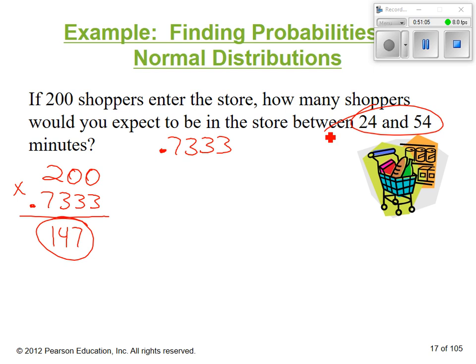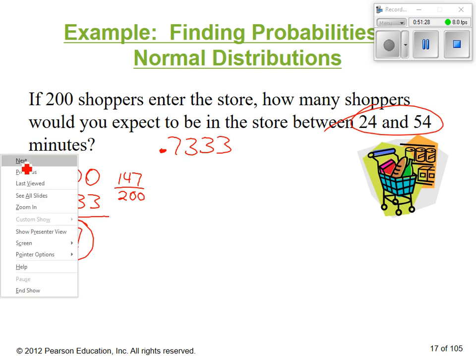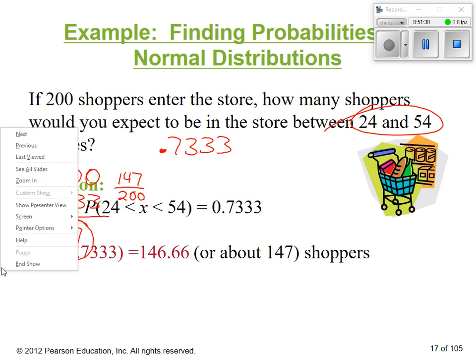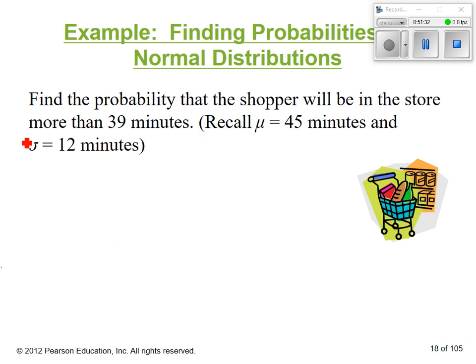I bet this shopper stays in here between 24 and 54 minutes. And they want to know, well, out of every 200 shoppers that they see, 147 of them are going to be in the store between 24 and 54 minutes. That's what we got there.